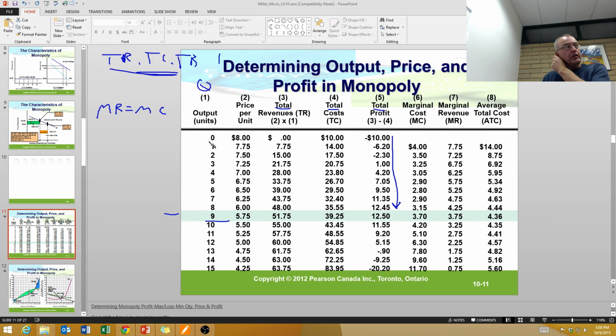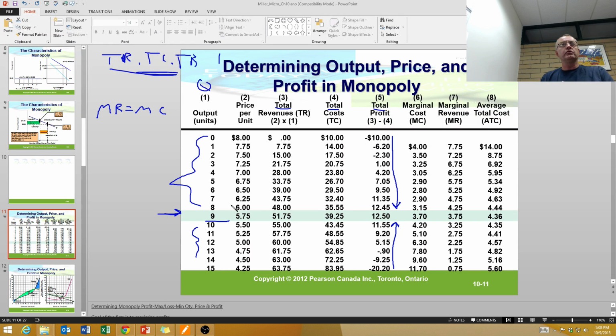So if quantity is less than 9, profits increase as we increase output, and if output is greater than 9, we can increase our profits by decreasing our output. So using this first method, just by eyeballing this diagram, we arrive at the profit maximizing quantity of 9 units.